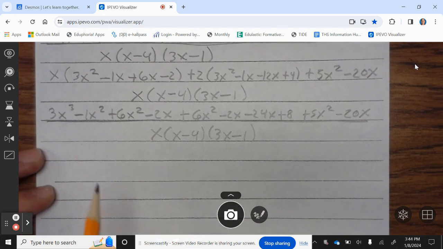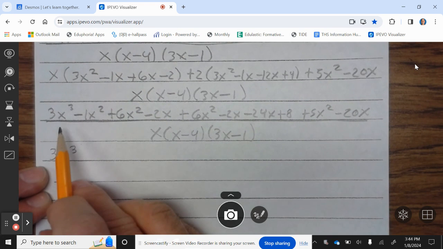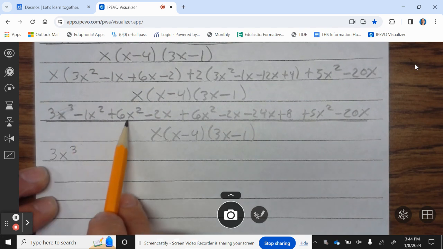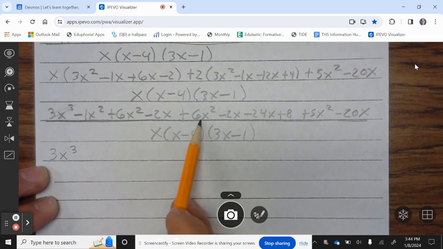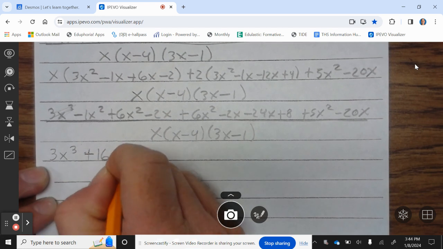Now let's combine terms. So we have x cubed, so it's 3x cubed. We're done with that. Now, negative 1x squared plus 6x squared is 5x squared. Plus 6x squared is 11x squared. Plus 5 is 16x squared, so plus 16x squared.